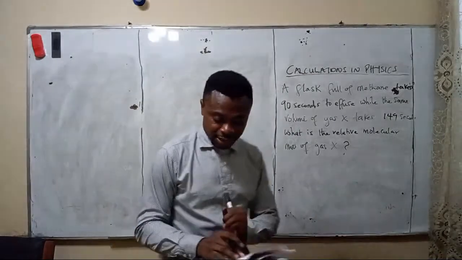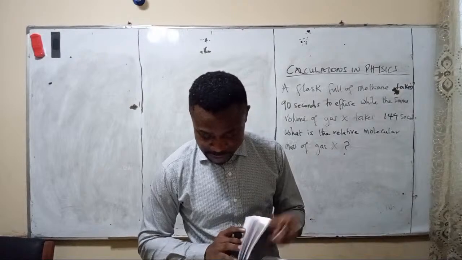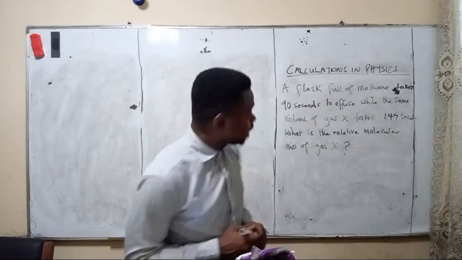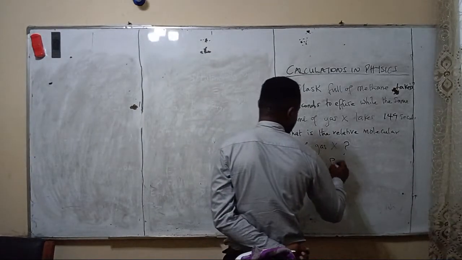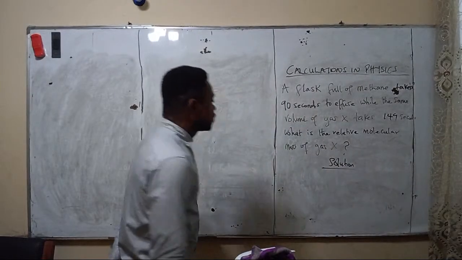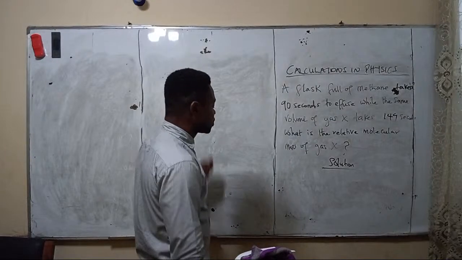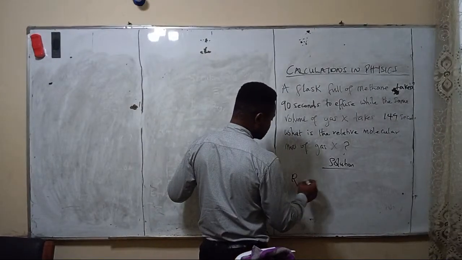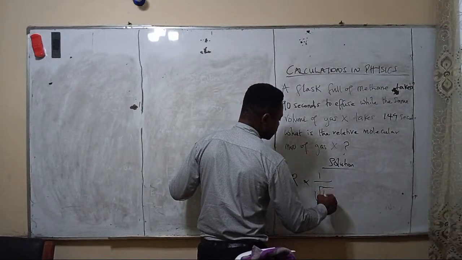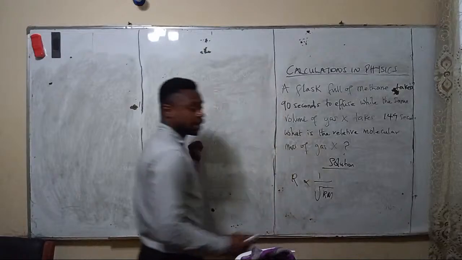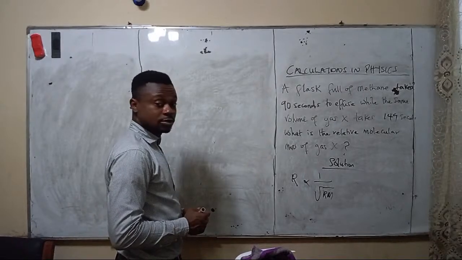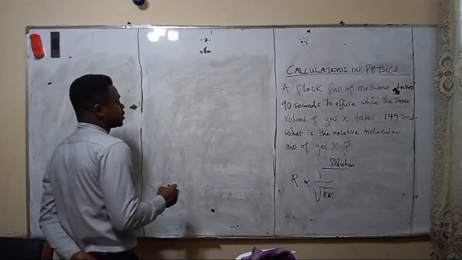Let me not talk too much. Let's go down to business. Graham's law solution. Graham's law is trying to let us know that the rate of diffusion is inversely proportional to the square root of the relative molecular mass of the gas. So there should be a constant.